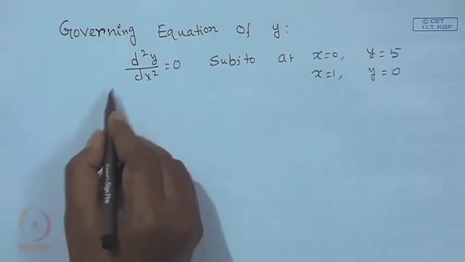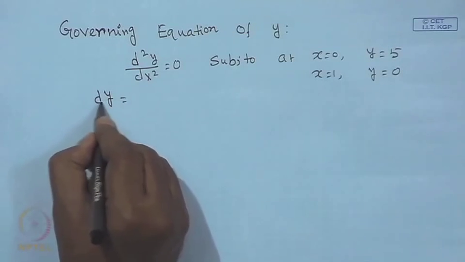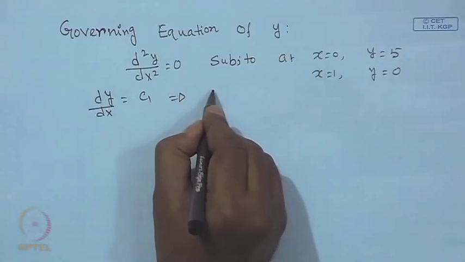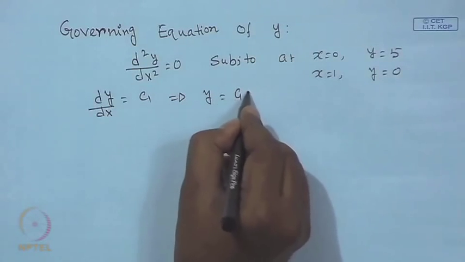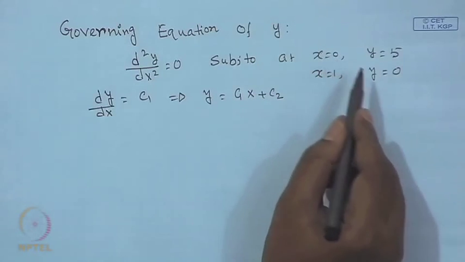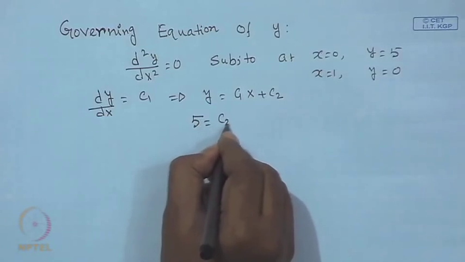So, if you like to solve this equation, the solution of this will be dy dx will be c1 and one more integration will give you y is equal to c1 x plus c2. If you put the boundary condition x is equal to 0, you will be getting y is equal to 5. So, c2 is 5.